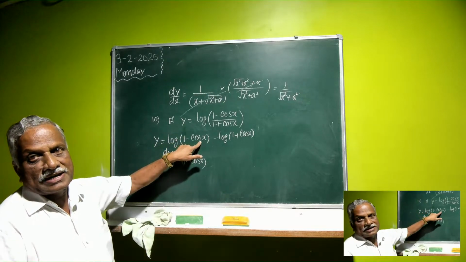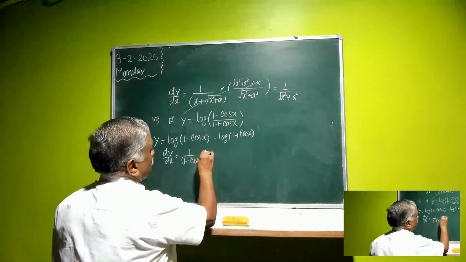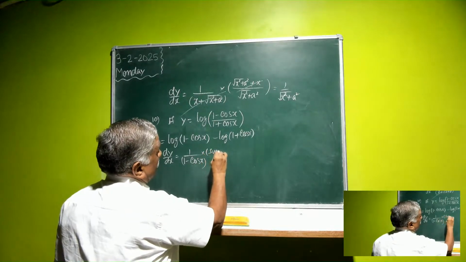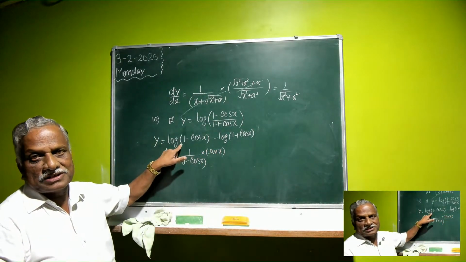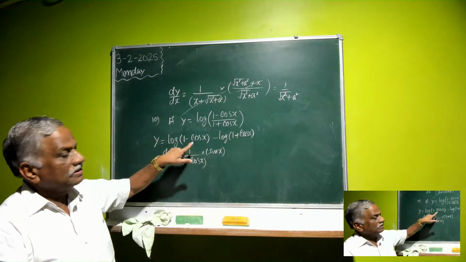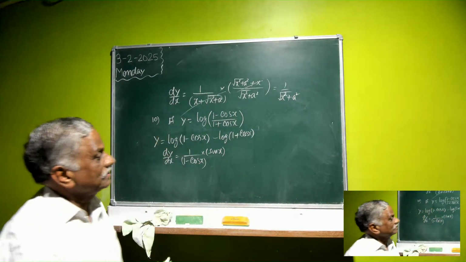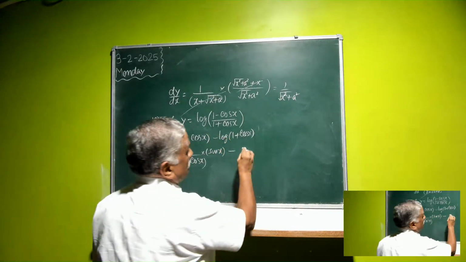Then differentiate minus cos x. Cos x derivative is minus sin x, so minus cos x gives plus sin x. Again, the derivative of 1 is 0, cos x is minus sin x, minus cos x is plus sin x.